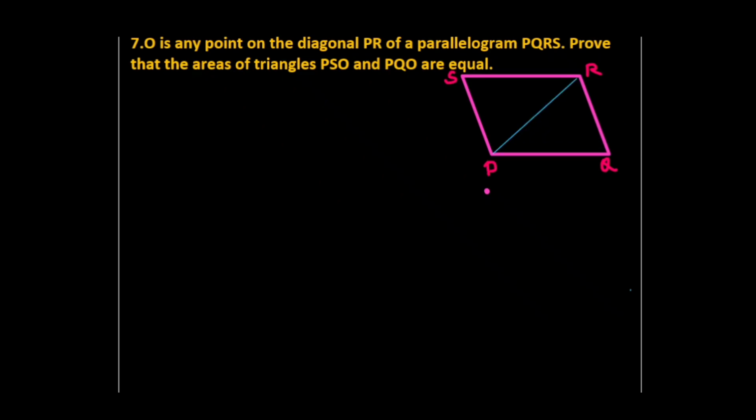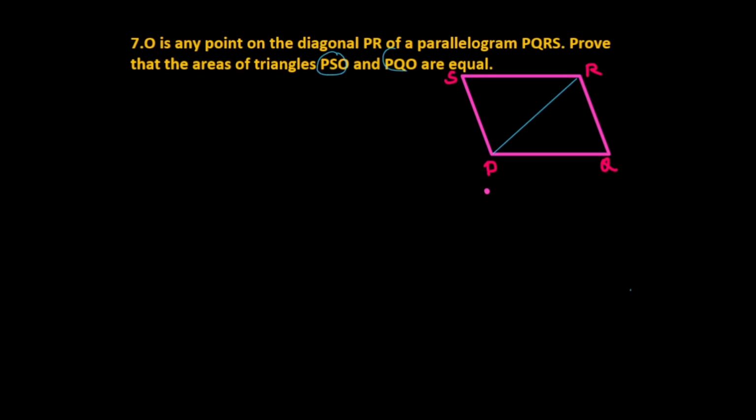So look at our triangles. The required triangles are PSO and POQ. So we need to take a point nearer to P, not nearer to R. If we take a point here, then you can prove easily.